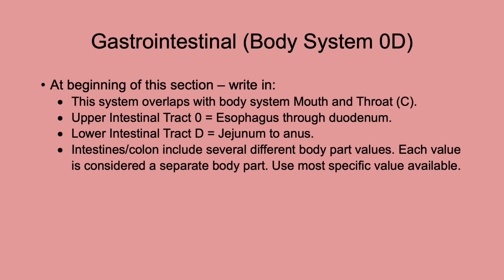Okay, so where does the lower and upper start? That's what you want to make notes about. The intestine, colon includes several different body part values. Each value is considered a separate body part. Use the most specific available. So don't use just colon if you have more specific information. That's what this is saying. Easy to forget.